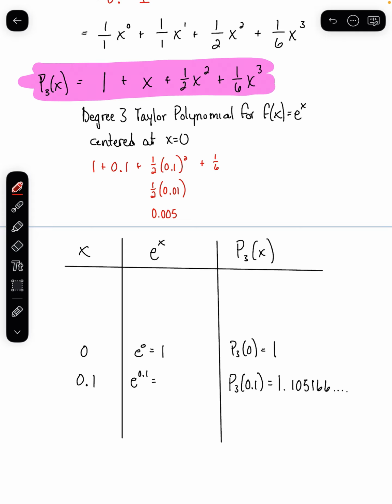And then we would have 1/6 times 0.1 cubed. 0.1 cubed is easy enough because it is 0.001. 1/6 of that, well, hopefully we can recognize 1/6 as a decimal. It's 0.16 repeating.